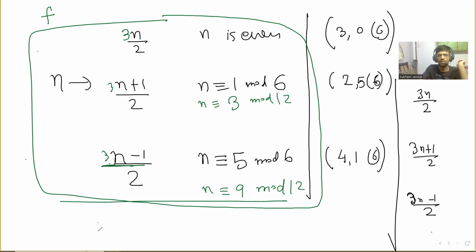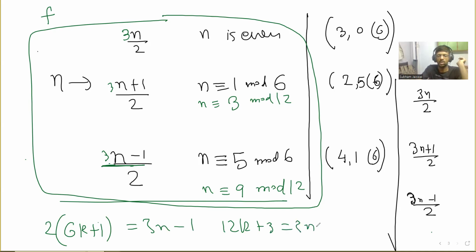Right, what goes to 12? Yeah, this one, 3n by 2. 3n by 2 goes to 12. And so if you take something which is 1 mod 6, let's say 6k plus 1, then you take this equal to 3n minus 1, and this is 12k plus 2, so plus 3.